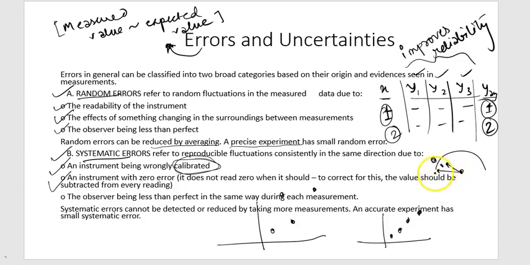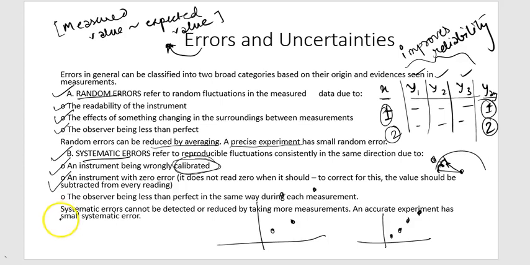So if this were the case, then every reading that you take is actually less than the actual reading. So you add this part to your reading to get the actual data point. Similarly, if this is the case, then every reading you take is actually greater than what it is. So you subtract this part from each data and then you get the actual result.